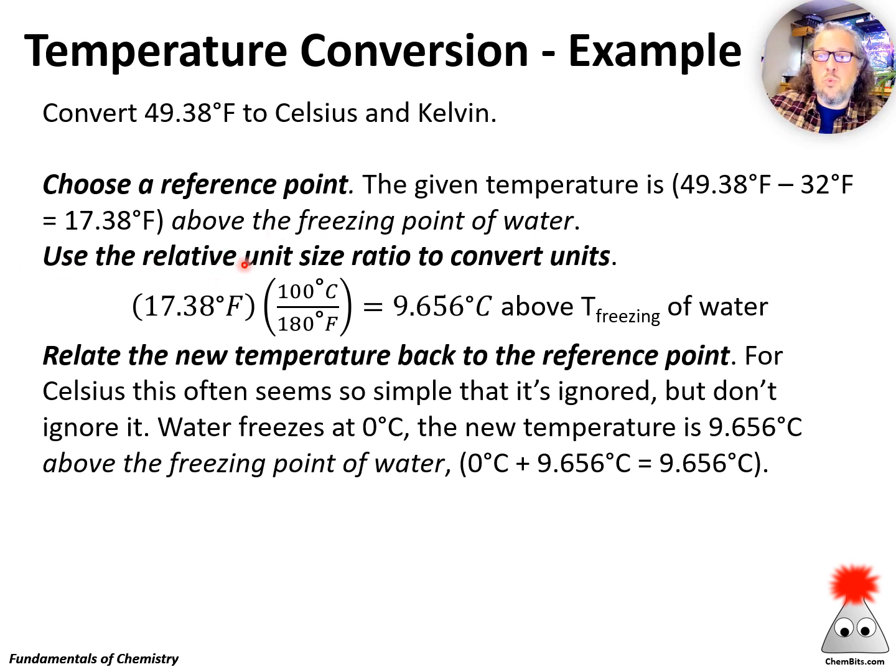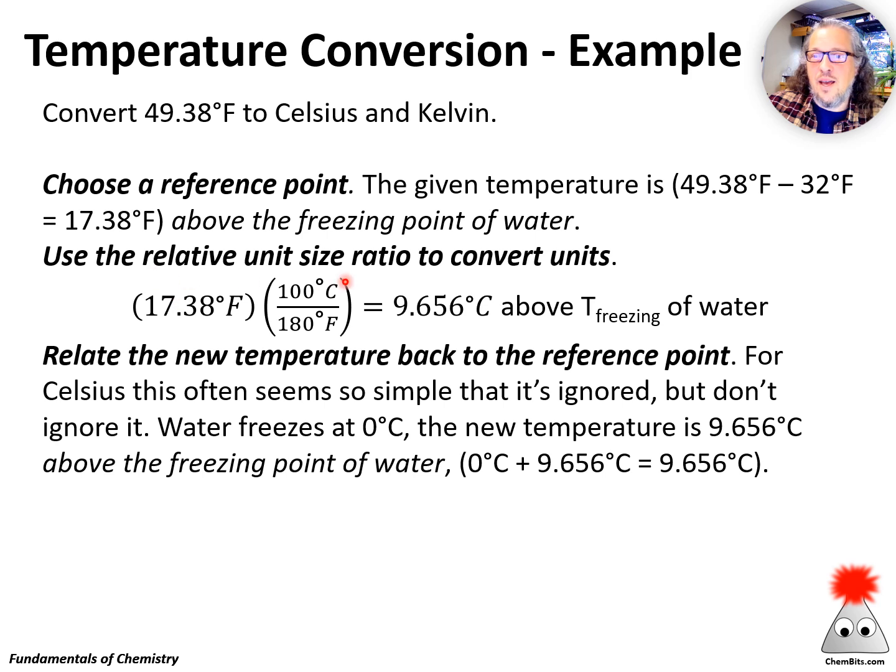Now we're going to use the relative unit size to convert from Fahrenheit to Celsius. So 17.38 Fahrenheit for every 180 Fahrenheit degrees, right? That's the same size as 100 Celsius degrees. So we put that together. Make sure you use your units so that they cancel correctly.